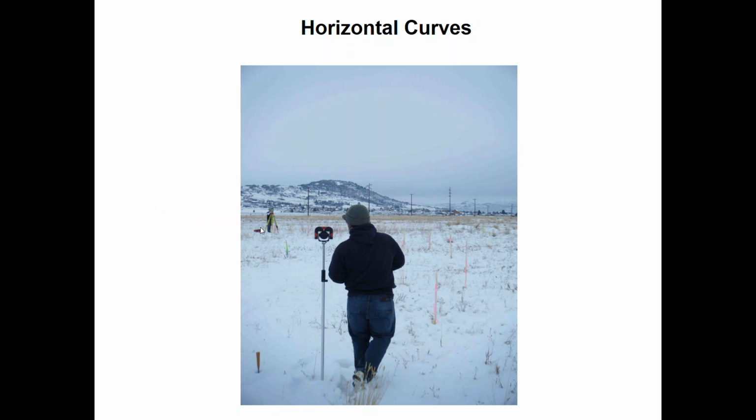We're going to learn how to calculate positions along a horizontal curve based on the radius of that curve, the length of that curve, and the degree of curvature, or the angle formed between this point of the curve, its radius point, and that point of the curve.